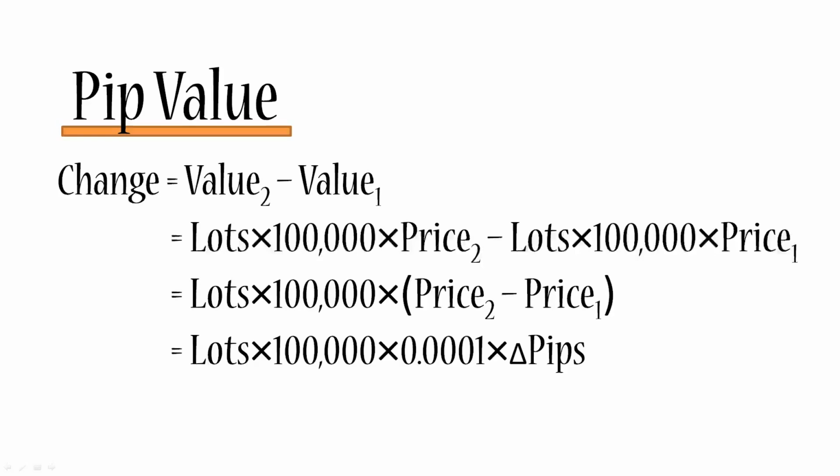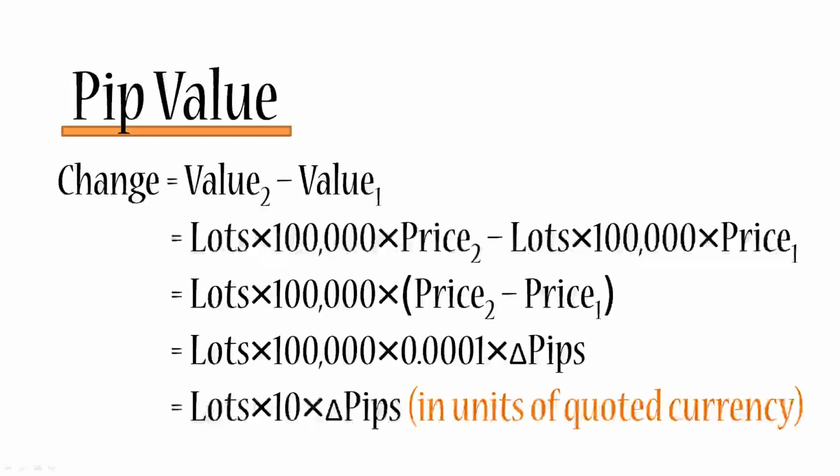Next, we can replace price 2 minus price 1 with delta pips. And we know that regardless of whether we're using a 4-digit or 5-digit broker, pips is always 0.0001. So here we're replacing price 2 minus price 1 with delta pips times 0.0001. And next, we multiply 100,000 times 0.0001, which gives us 10. So the change in value is always equal to lots times 10 times delta pips and is measured in the units of quoted currency.